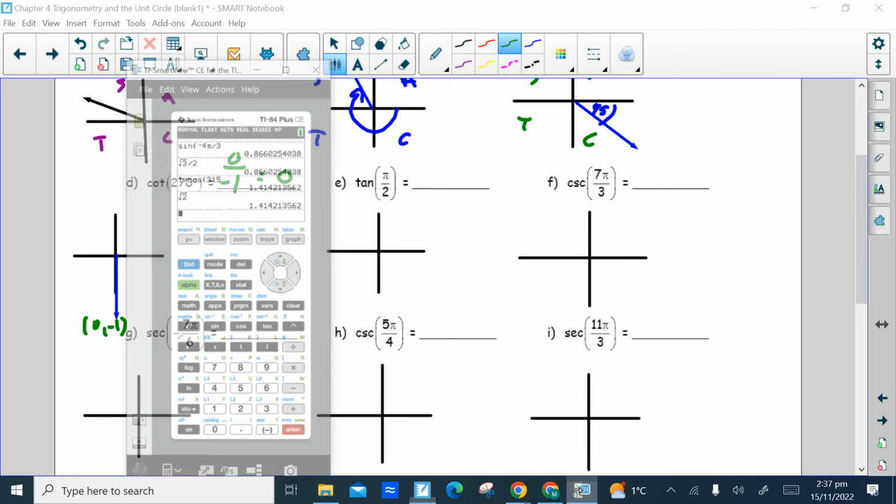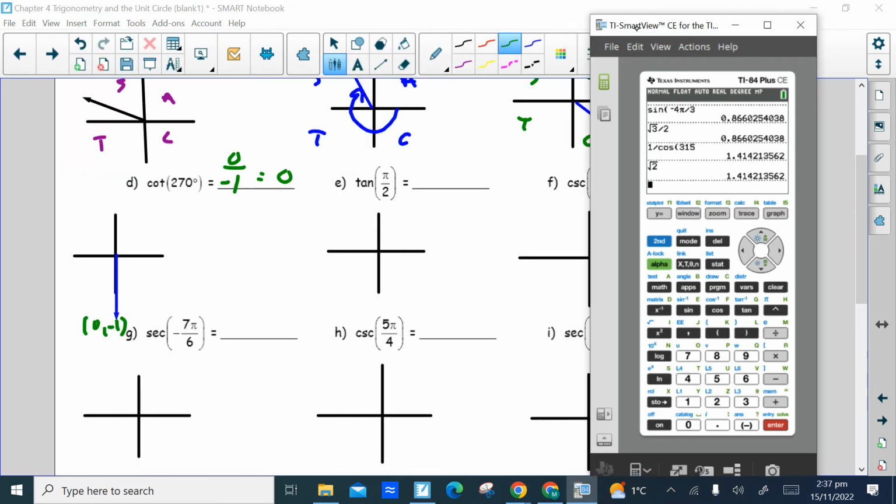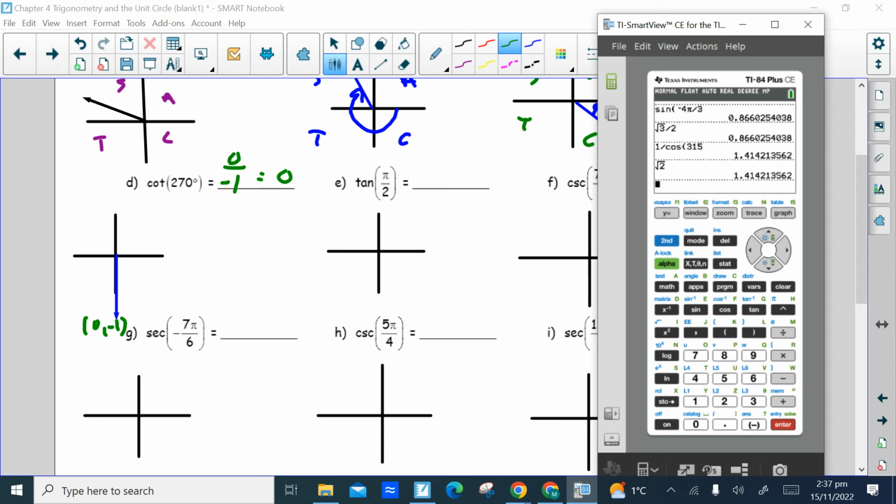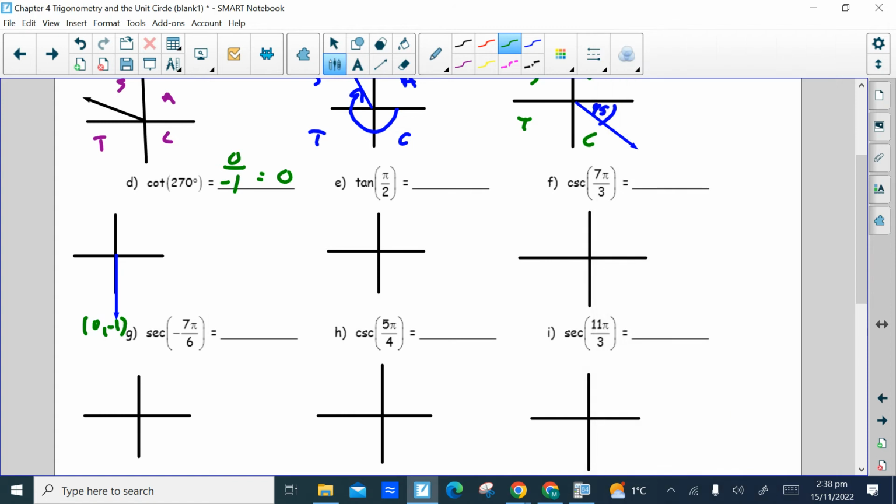And to check that on our calculator, this actually isn't going to work, because if you go 1 divided by the tan of 270 degrees, it gives you an error because the tan of 270 doesn't exist. So you can't check this one on your calculator.